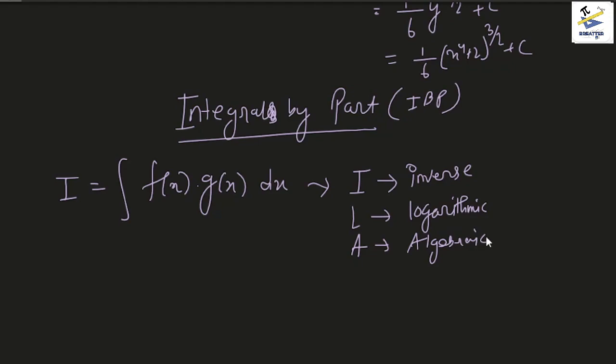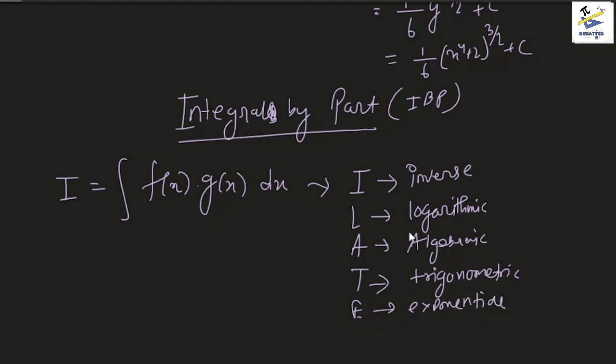Algebraic functions means polynomials like x cube, x to the power 4 plus 2 and so on. Logarithmic involves log, inverse involves sine inverse x, cos inverse x, tan inverse x, so the inverse trigonometric functions. T is for trigonometric, and E is for exponential.